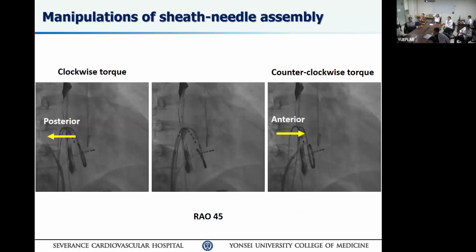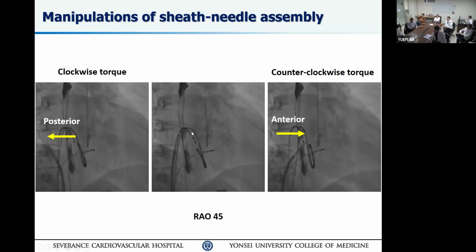So after you engage the fossa ovalis and check the anatomical landmarks, such as in the picture in the middle, you see this coronary sinus catheter and the His catheter, which you should aim posterior to, and you confirm that the septal puncture apparatus is moving with the coronary sinus catheter, then you are ready to perform septal puncture.